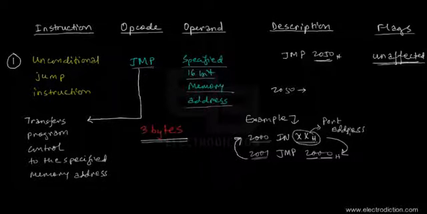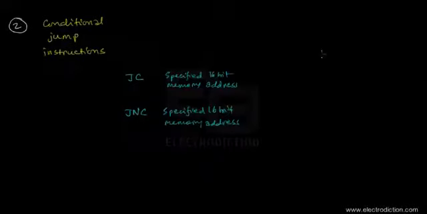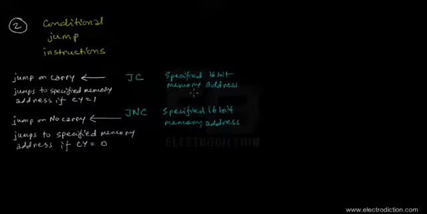Now that we have covered the unconditional jump instruction, let's take a look at the conditional ones. Here we are starting the conditional jump instructions with the JC and the JNC instructions. The JC instruction stands for jump on carry.